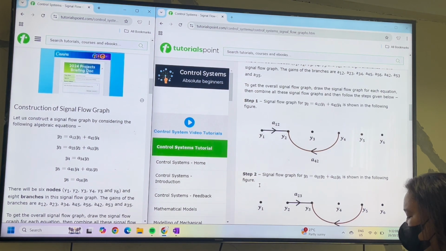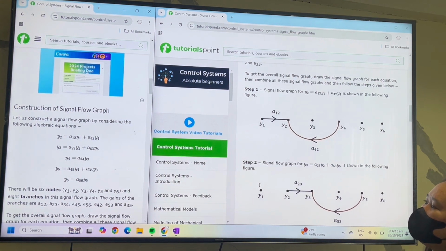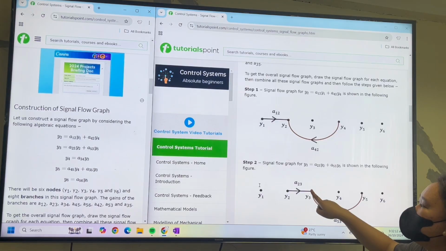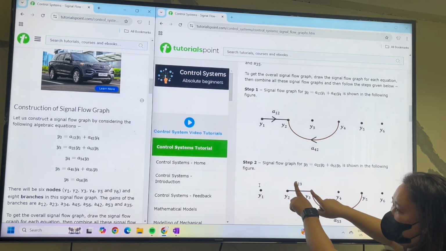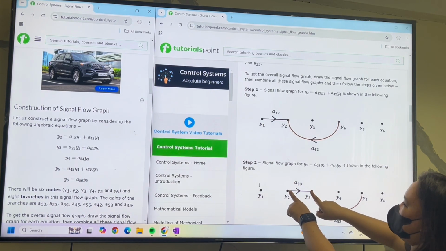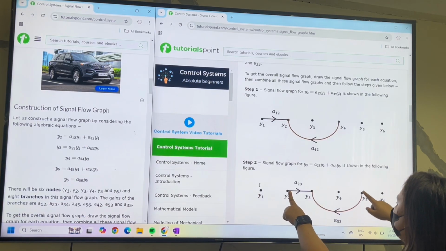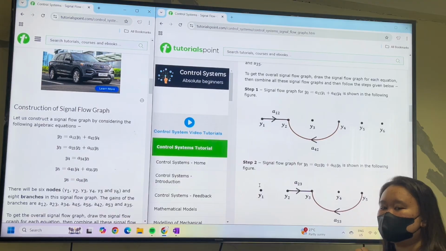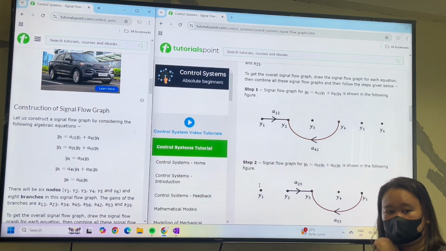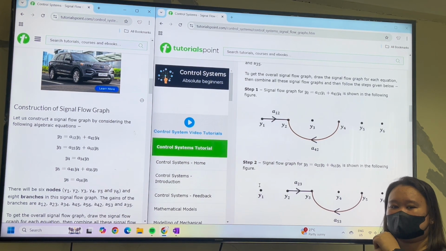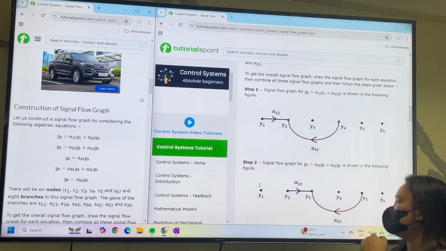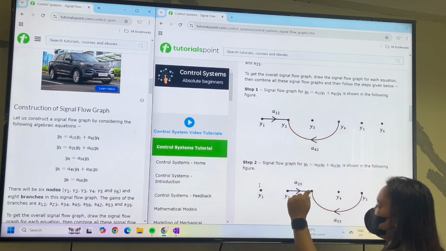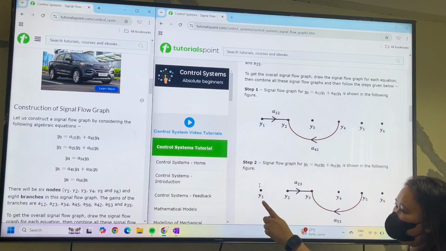Now, Y3 is from Y2 with gain A23, and from Y5 with gain A53. One branch at a time. So Y5 goes to Y3 with gain A53.